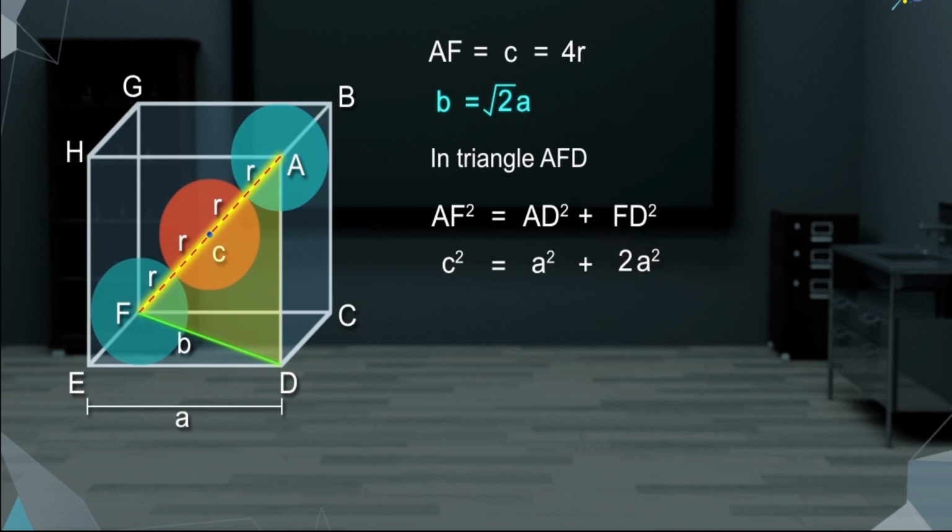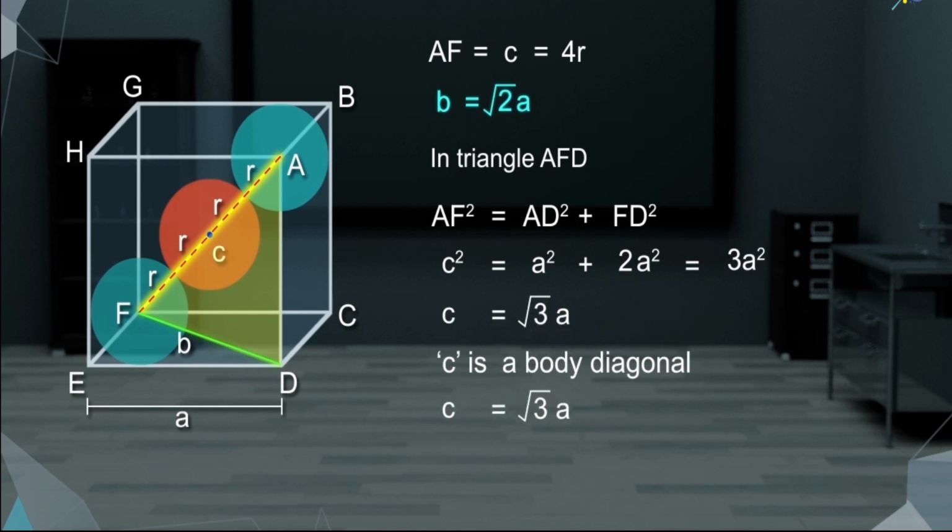Now we put the value of B², that is 2A², and the value of C² is equal to 3A². Now C is equal to √3 A. C is the body diagonal.